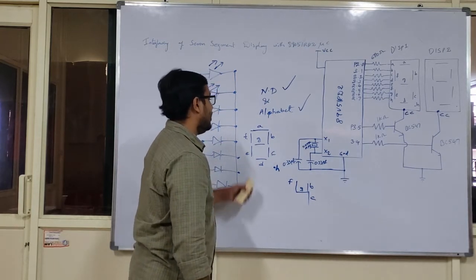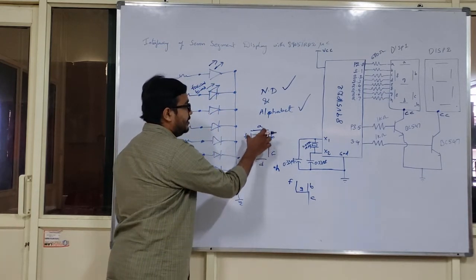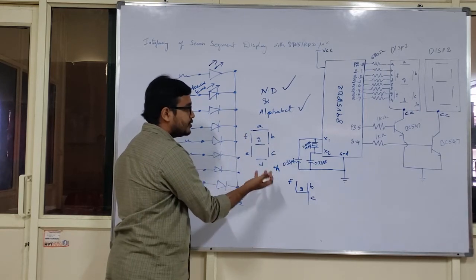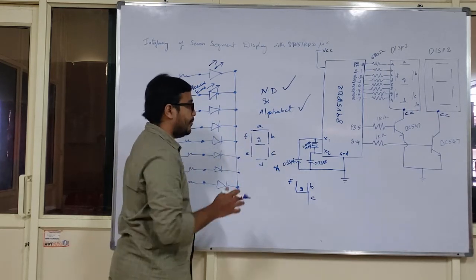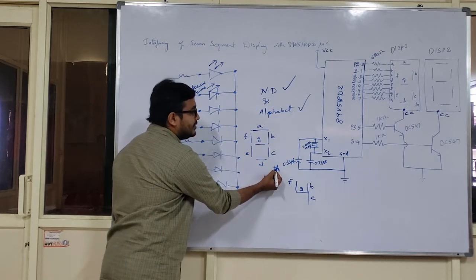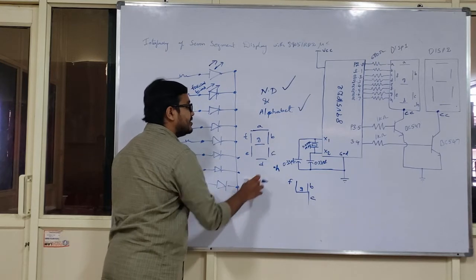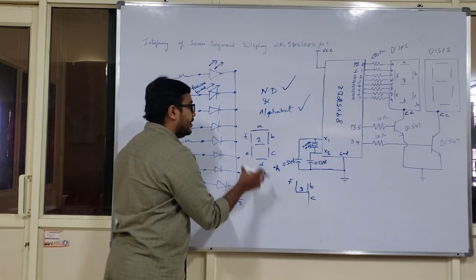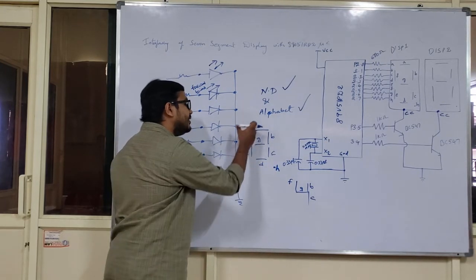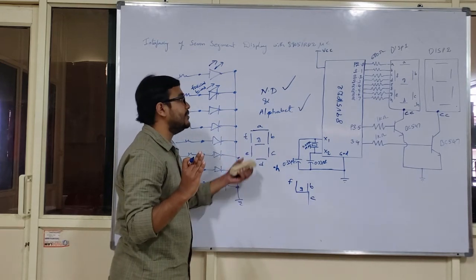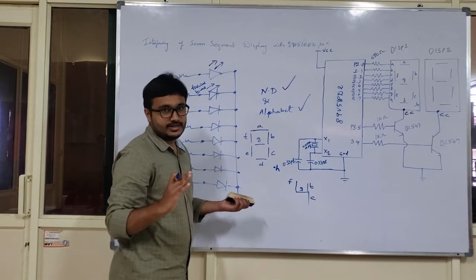As I said, these 7-segment displays are made of light emitting diodes, but there is also a dot. This dot also consists of an LED, but in the 7-segment display only these 7 segments play a crucial role. That is why the name 7-segment display came into existence.